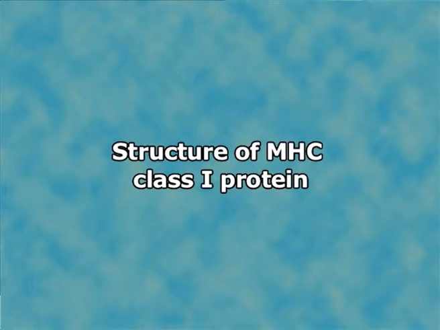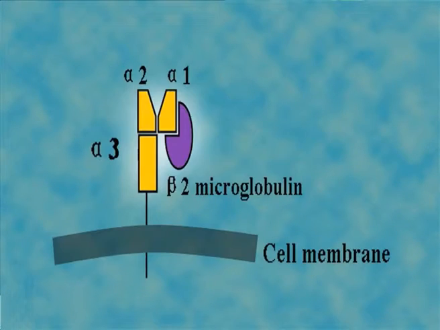Structure of MHC class 1 protein. MHC 1 occurs as an alpha chain composed of 3 domains: alpha 1, alpha 2 and alpha 3. The alpha 3 rests upon a unit of the non-MHC molecule beta 2 microglobulin, coded on human chromosome 15.